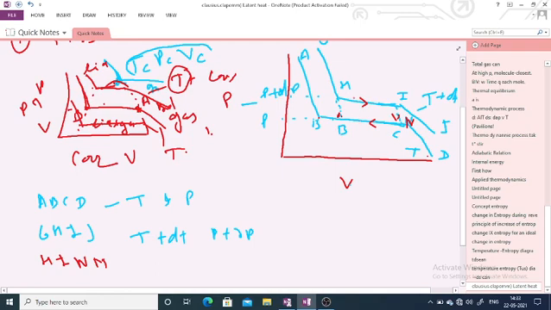Similarly, you can explain this curve G, H, I, J. So suppose there is a unit mass, that is 1 unit mass of the substance, that undergoes the changes.